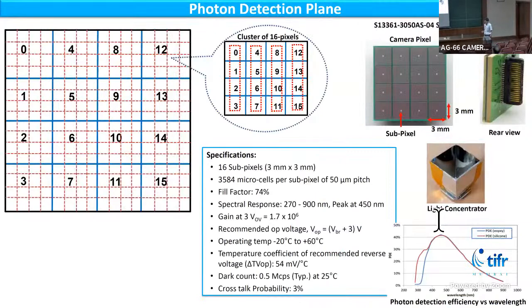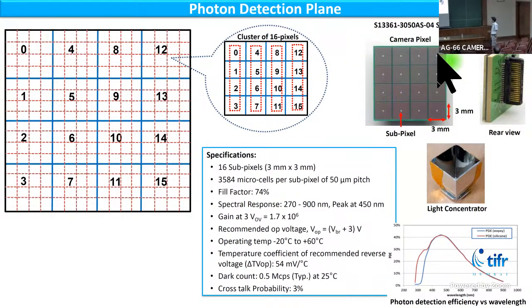So like in other cameras, the first part of the camera is the photon detection plane. The 256 pixels of the camera are divided into 16 clusters, with each cluster having 16 silicon photomultipliers. This is the silicon photomultiplier which we will be using. This is a 13 mm by 13 mm array with 16 subpixels.